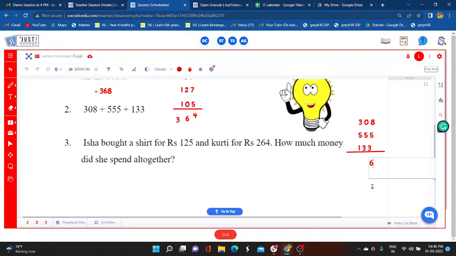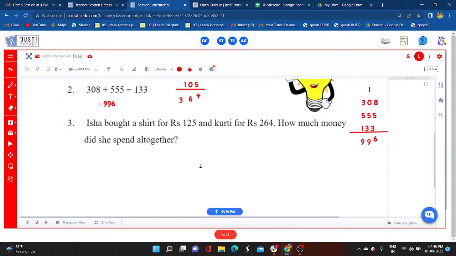So I would write 6 and put the 1 just above. Now 5 add 1 is 6, add the 3 is 9. So I would write 9 over here. Then 5 add 3 is 8, add the 1 is 9. So another 9. So that means my final answer is 996, right? Now let's move for the last question.